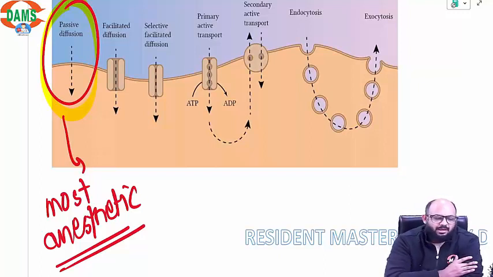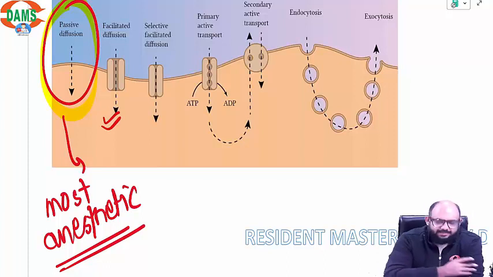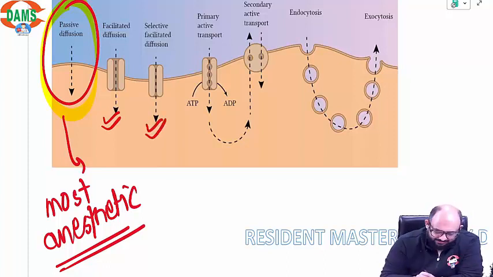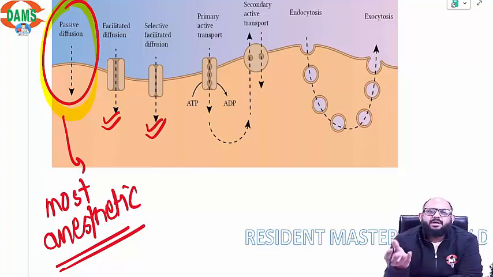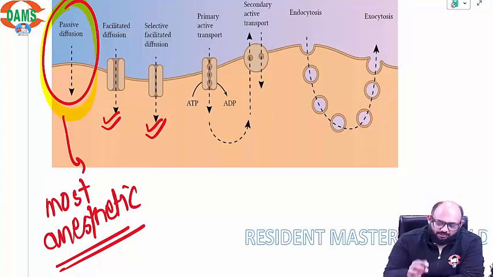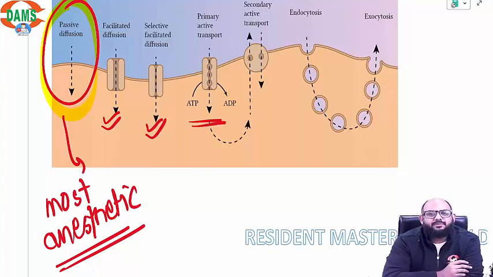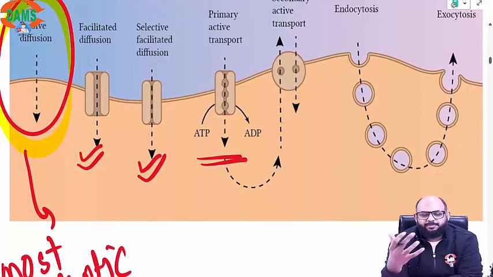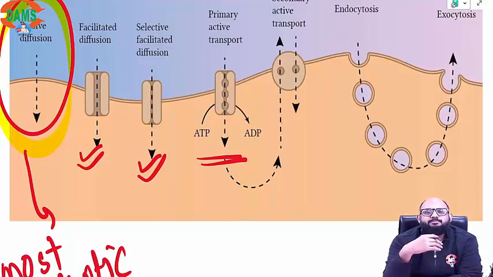Then you have facilitated diffusion, which is helped by other molecules. Then you have selective facilitated diffusion, where there is only selective diffusion of a molecule. Then you have primary active transport, where there is an active pump that will use some energy and push a substance against its concentration gradient.